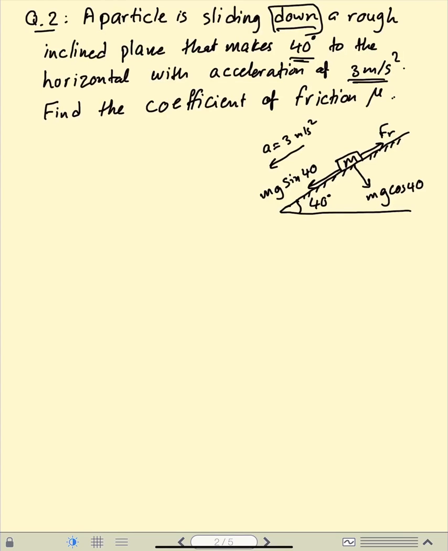It will oppose the main direction or the main force. And R, of course, the normal reaction force opposing mg cosine alpha. He wants mu in this question. To solve this question, it's different from the previous one and the previous examples we did. So let's do it.